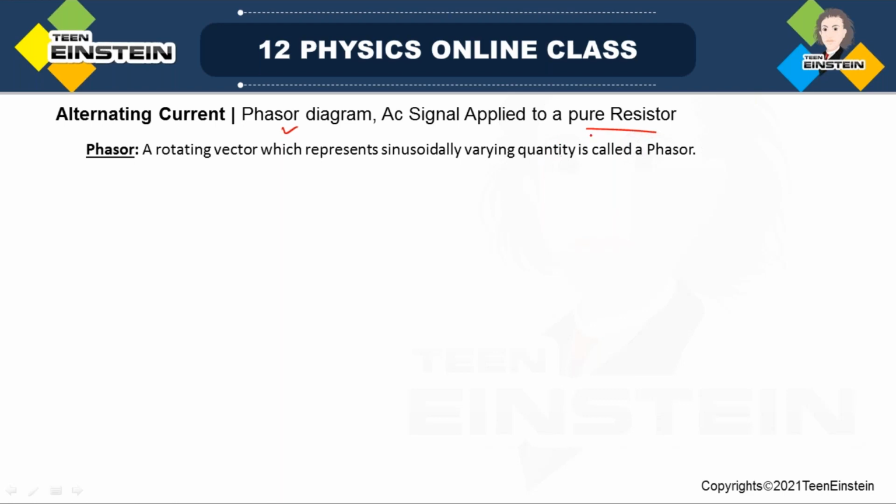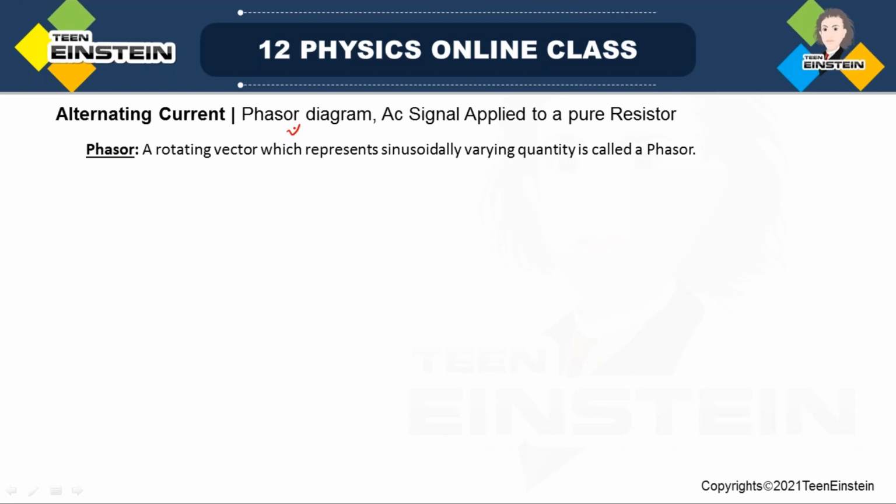We have learned Ohm's law in case of DC, but we'll see whether it is applicable for a resistive circuit in case of AC signal also. So these are the things we'll be learning today. Let us start with phasor diagram. The first topic is phasor diagram.